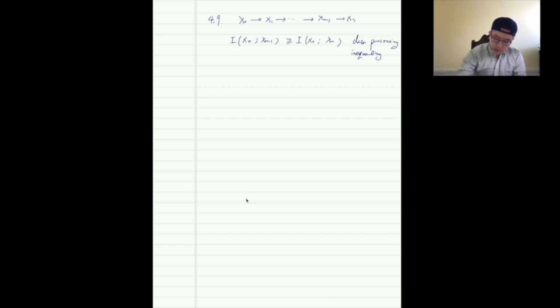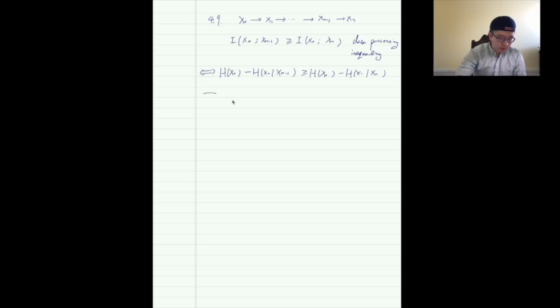Inequality, right? Here, basically, we can expand the mutual information in terms of entropy and get the following: entropy of x0 minus entropy of x0 given xn minus 1 is bigger than or equal to entropy of x0 minus entropy of x0 given xn. Here we can cancel H of x0 on both sides.